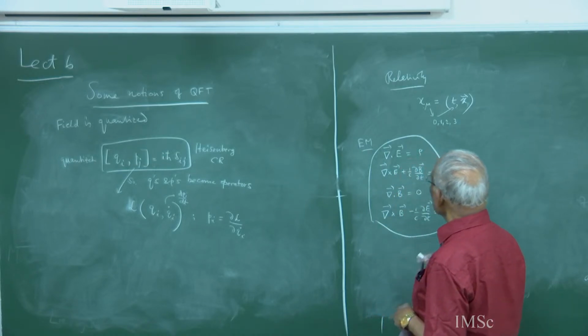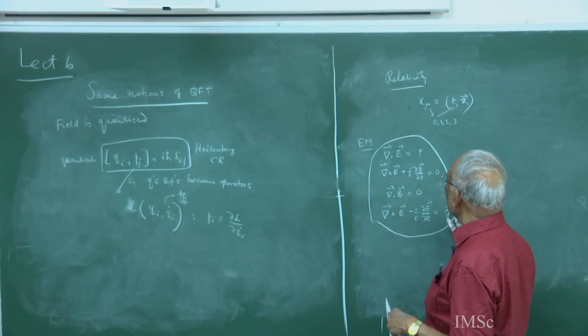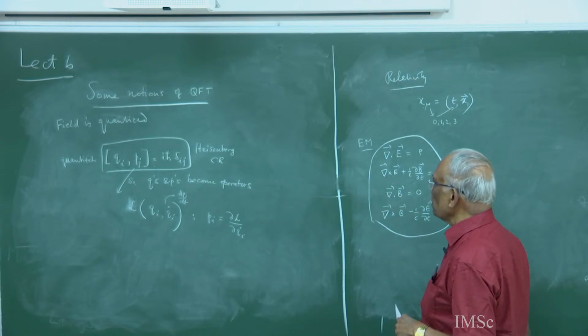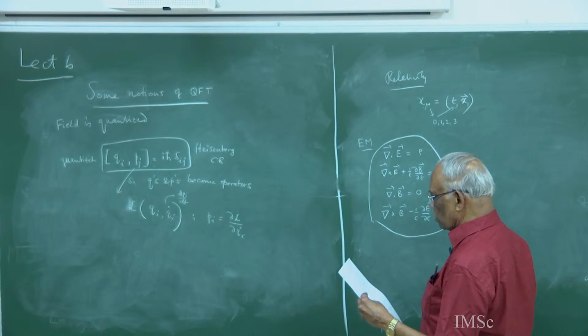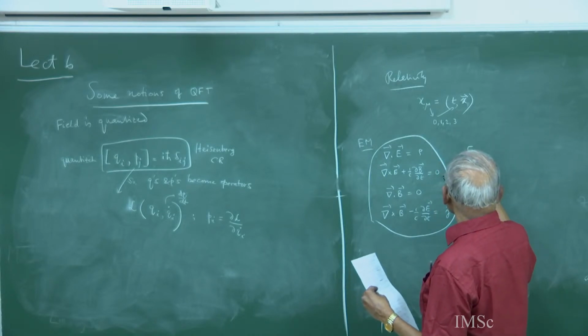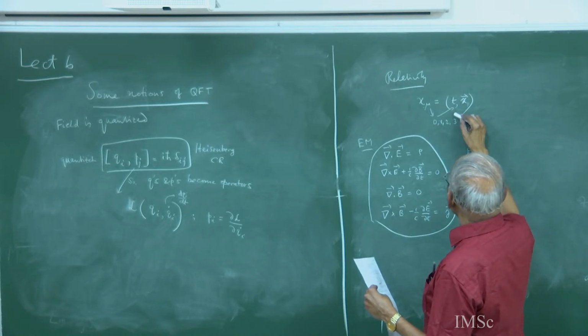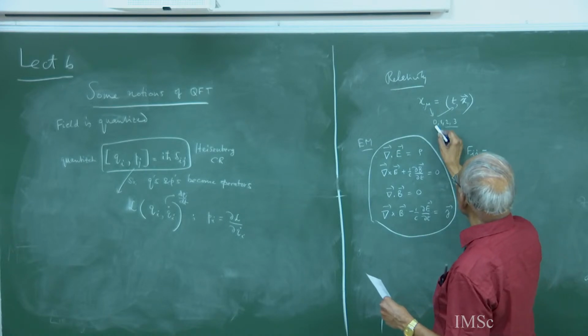Now you can see this is not consistent with what I said. This looks as if it cannot be consistent with relativity, but it can be rewritten. The same equations can be rewritten using the 4-vector notation, 4-vectors and 4-tensors. That is obtained like this: F_ij, i and j Latin indices always 1 to 3, and the Greek indices always include 0.